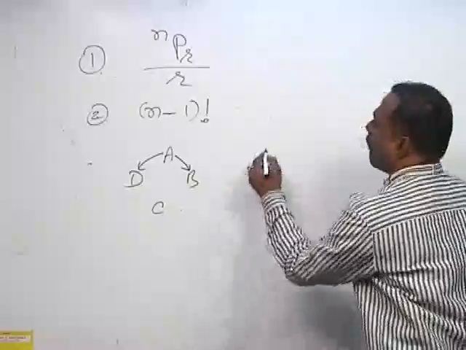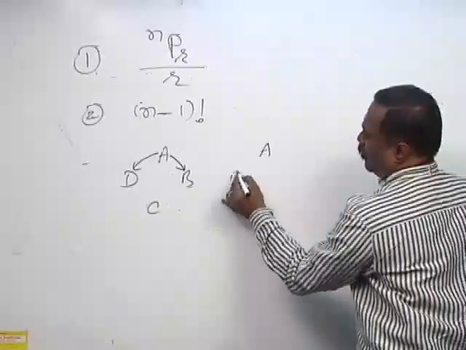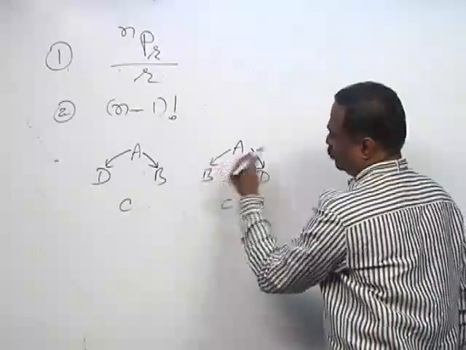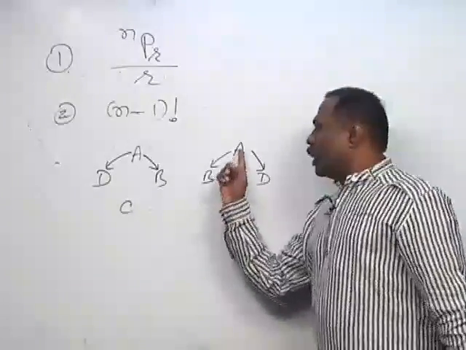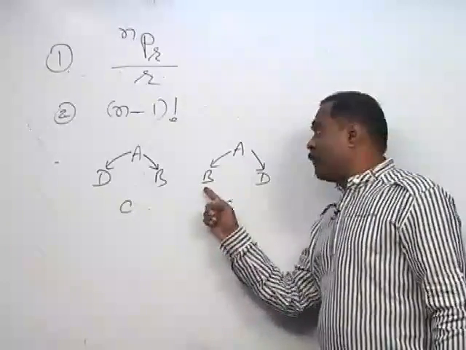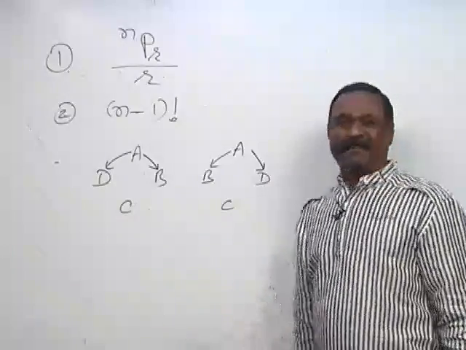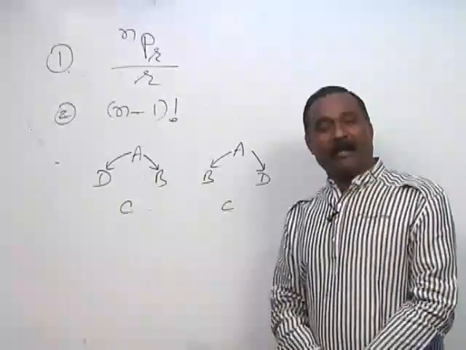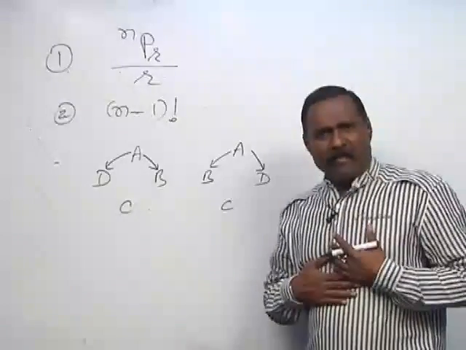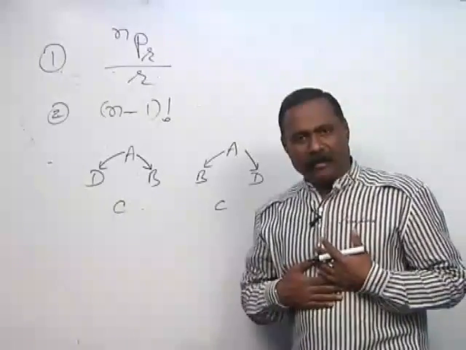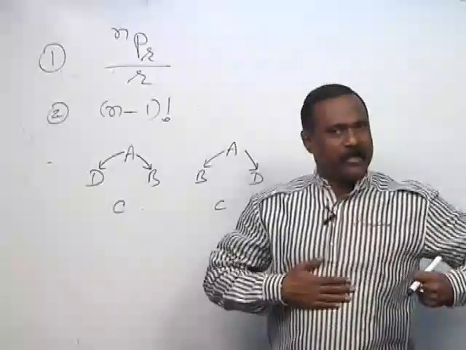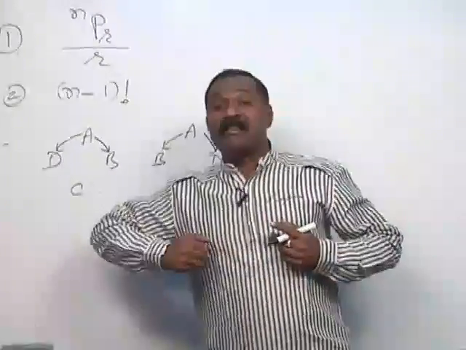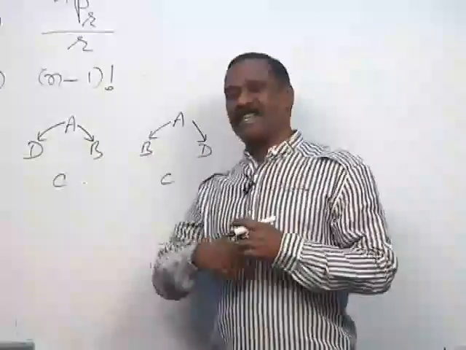Okay, now, if it is written like this, in the anti-clockwise direction B here, in the clockwise direction D here. Now if A is a human being, let me say I am A, then I will know to my left side some B is there, to my right side some D is there.